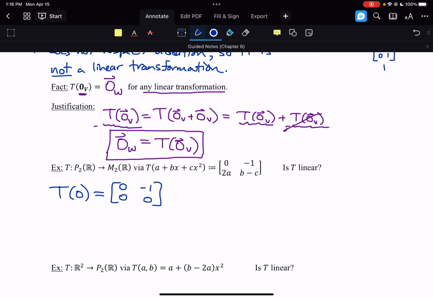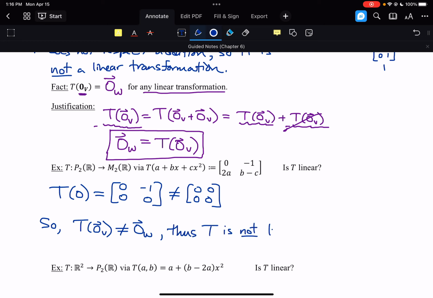But what we should be getting is the zero vector in M2, which would be the 2 by 2 zero matrix. And this is not that because of this -1 here. And that -1 will always be there. So the zero vector in V did not transform into the zero vector in W. Thus, T is not linear.